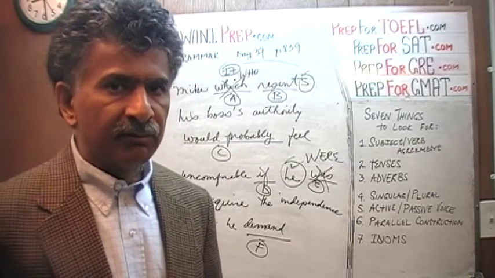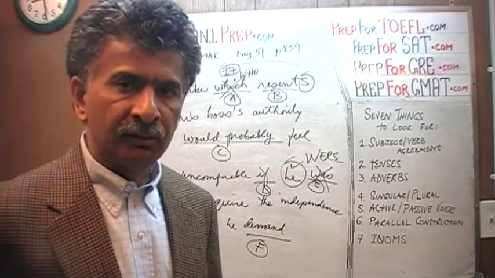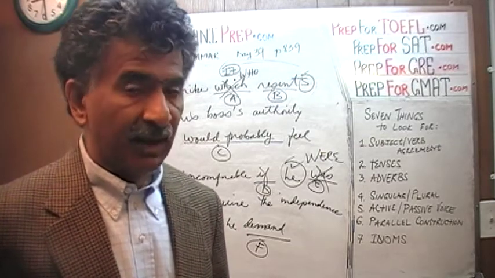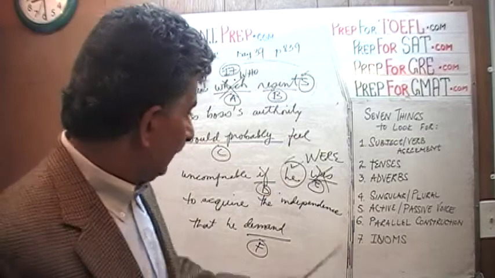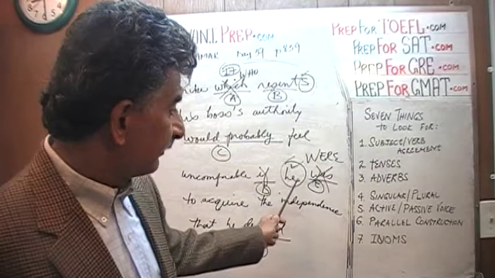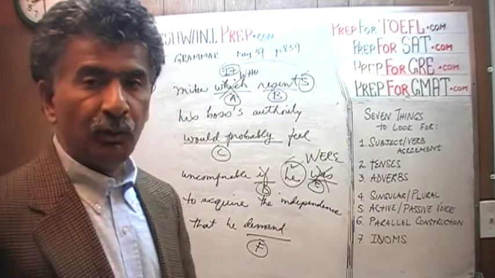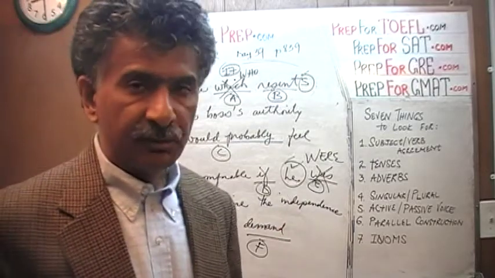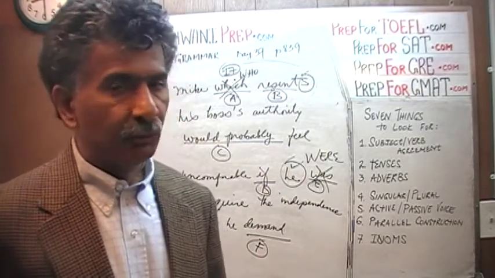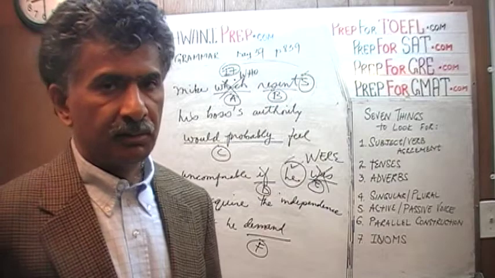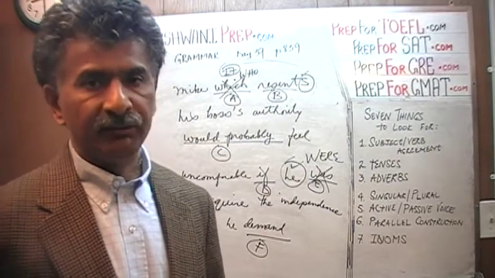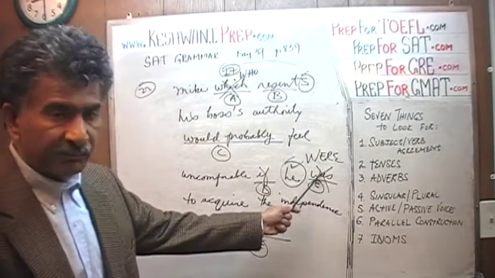One of the quirks of the English language is that when one is speaking hypothetically, one is to use the plural form of the verb even if the subject of the sentence is singular. So you would say, if I were rich, I would buy a Mercedes. You wouldn't say if I was rich. Even if it's just one person, if I were rich, I would buy a Mercedes. So that was another mistake.